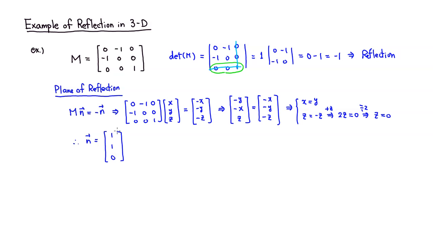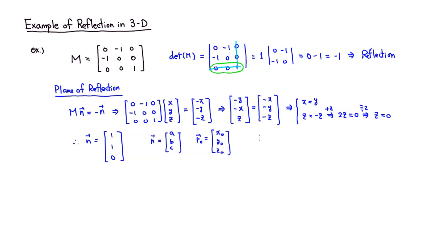If you want to find the plane of reflection, do you remember? The normal vector is, say, A, B, C, and it goes through a point R0, say x0, y0, z0.